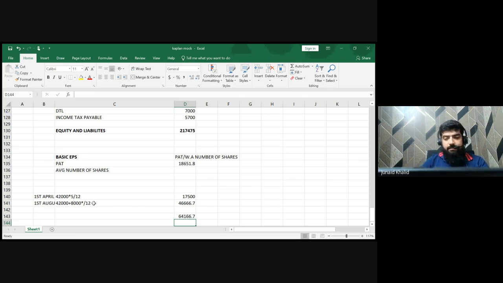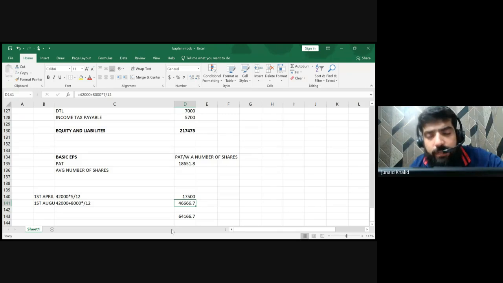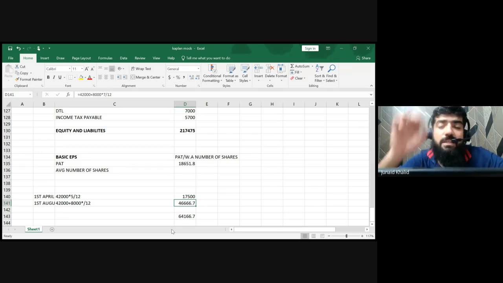Are you getting it? Yeah. Don't we multiply 42,000 by 5 over 12 and then the second one by 2, like to find the TERP? No need to calculate the TERP. Why? Because there is no right shares.